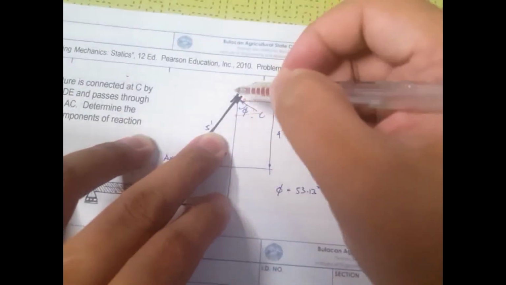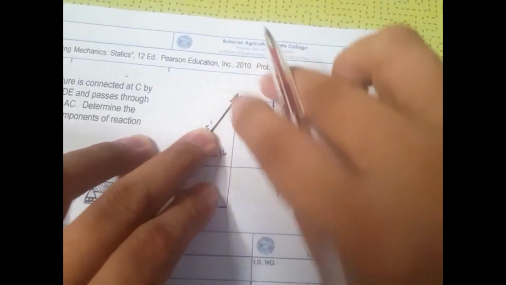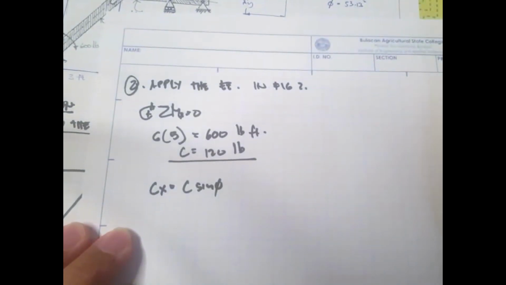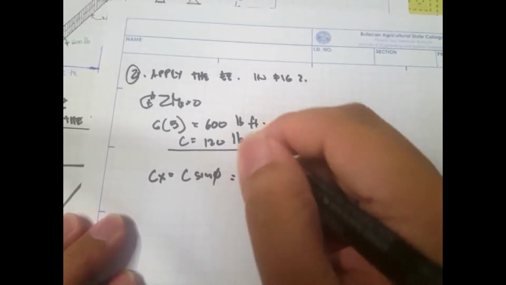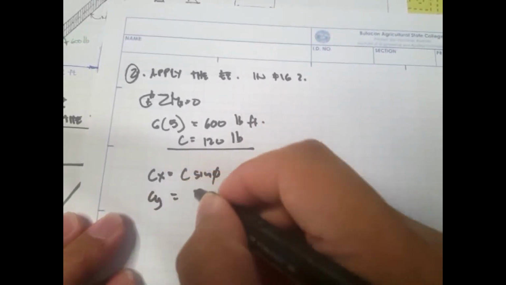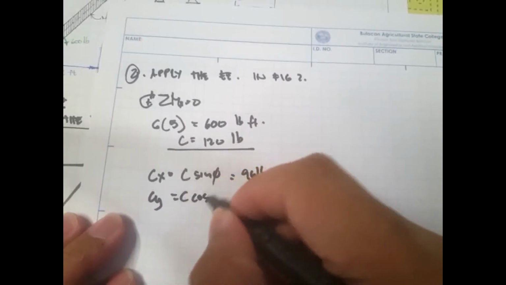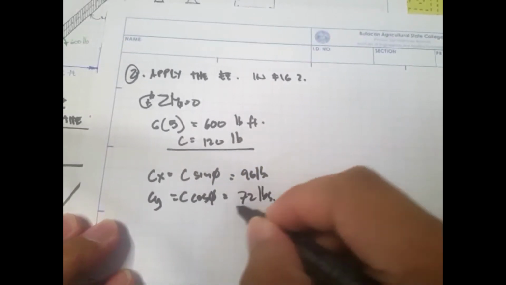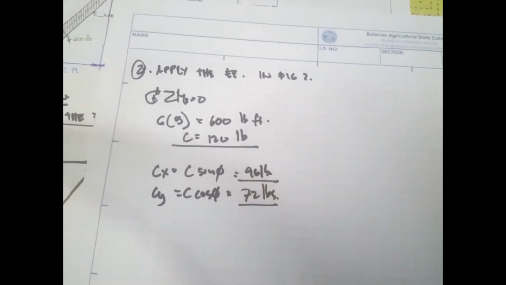The reference angle is based on the y-axis, so the x component would be sine theta. And this one is equal to 96 pounds. Now for CY, this is C cosine theta, and this is 72 pounds.